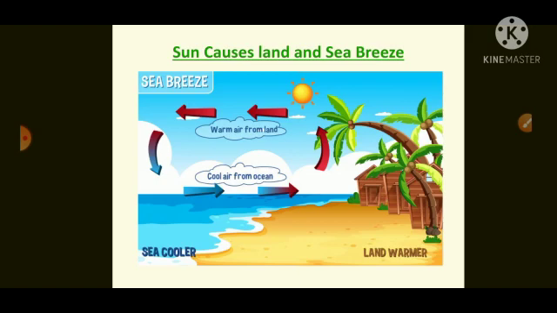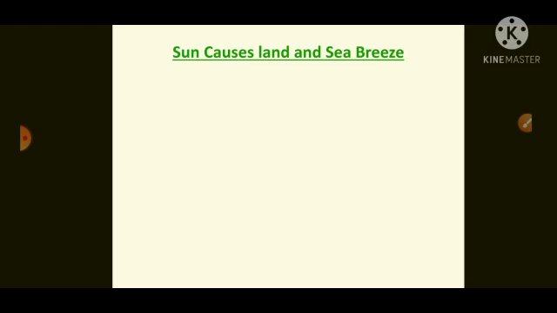The hot air being lighter rises upwards. The cooler air above the sea blows to take the place of the warmer air. You can see in the picture. Thus, cool breeze blows from the sea towards the land. This is called sea breeze.